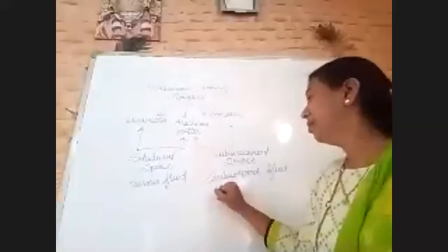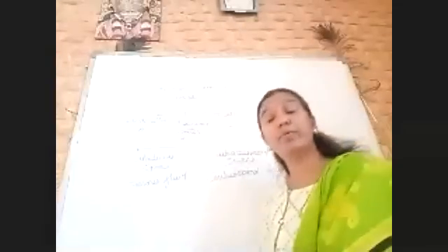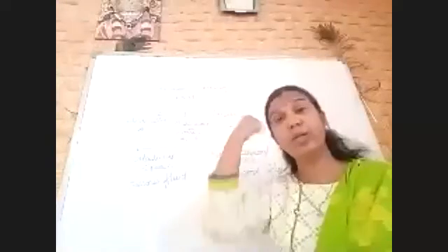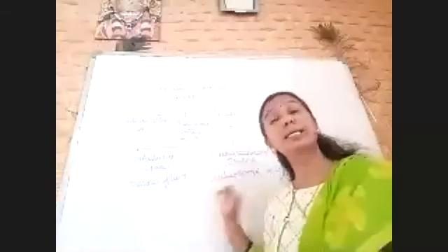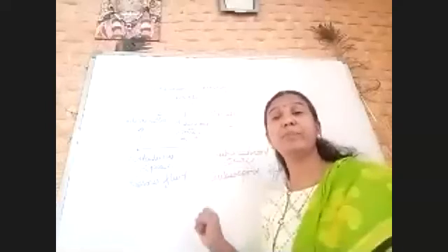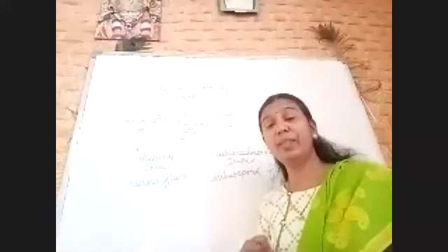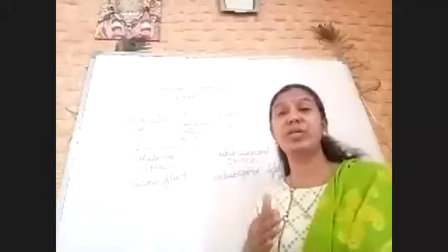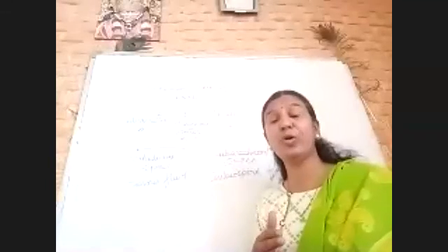And this cerebrospinal fluid will absorb. Like if someone hits here, our brain does not get hurt, because this cerebrospinal fluid will absorb mechanical injuries and jerks. It will provide space to the brain. It will maintain pressure in the brain and spinal cord.